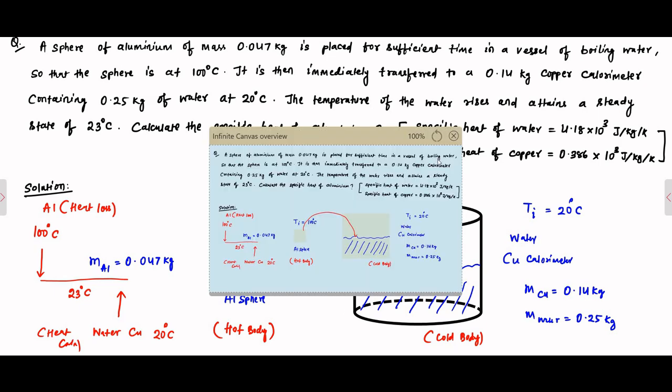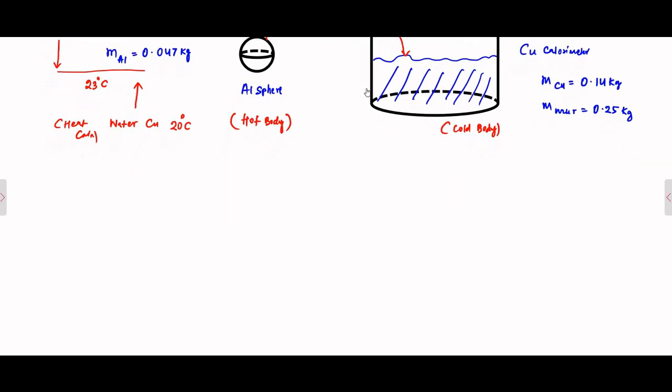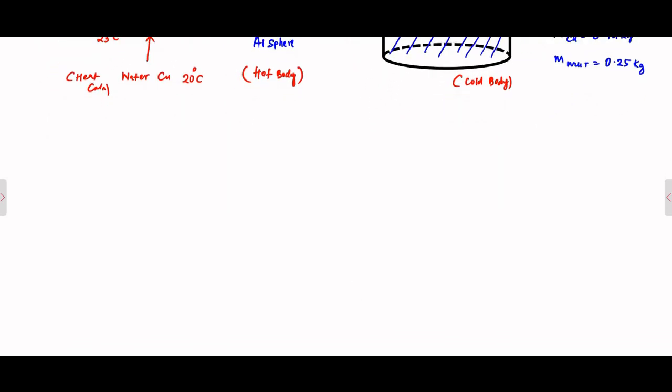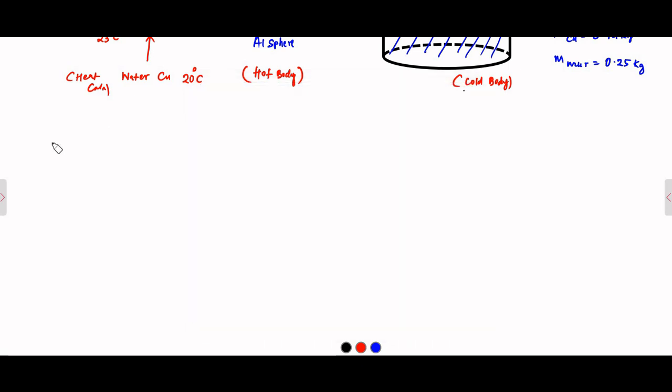Now for the aluminium sphere, the fall in temperature, delta T, is equal to final minus the initial.